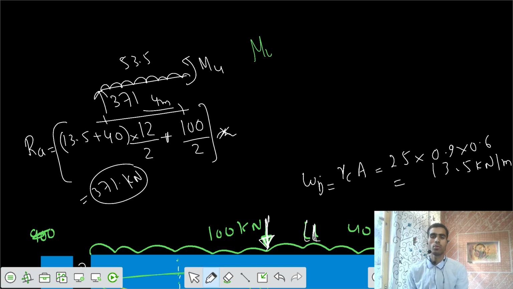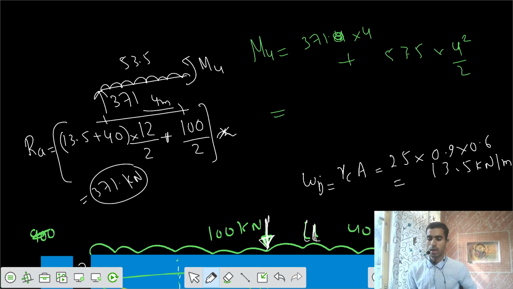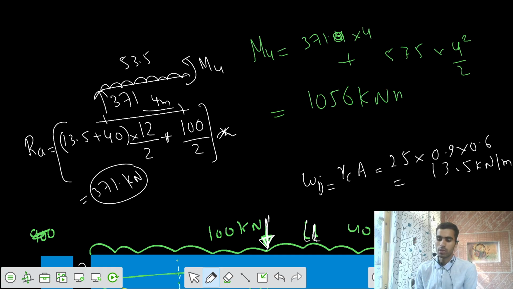M4 would be equal to 371 into 4 plus 53.5 into 4 square by 2. So M4 is coming out to be 1056 kilonewton meter, and that is positive, so we would say top compressive, bottom tensile.